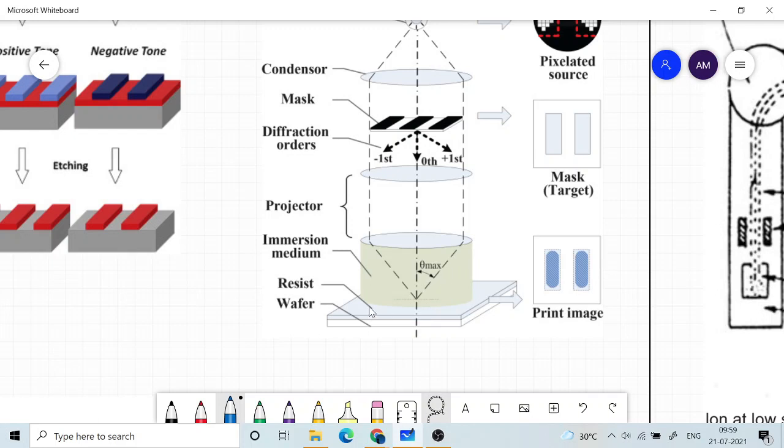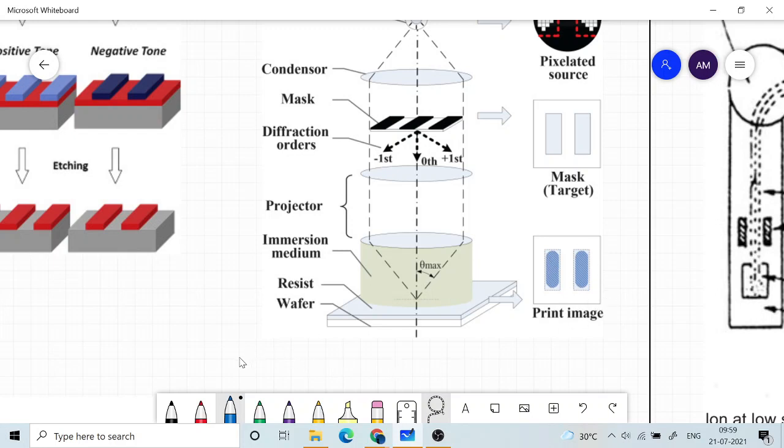Okay. So you can see that the pattern in the mask is something like a perfect rectangular pattern, but what we ultimately get in the wafer may not be exactly a rectangular shape, but more or less like that. It may have some smooth boundary, as shown here, some oval kind of shape.